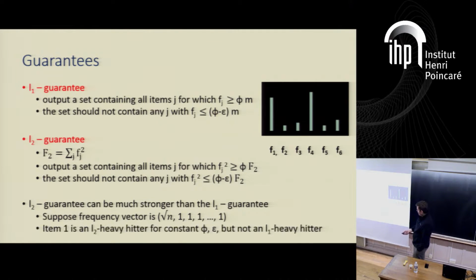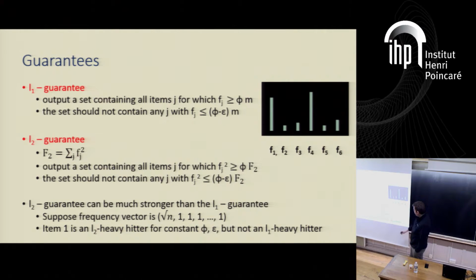Then item 1 is an L2 heavy hitter for constant phi and epsilon. Why? Because if I square this frequency, I get n, and I add it to the sum of squares of 1, n minus 1 times. So the F_2 value is about 2n, and this squared is n. So if I set phi to be 1/2, this is a 1/2 heavy hitter for the L2 guarantee.